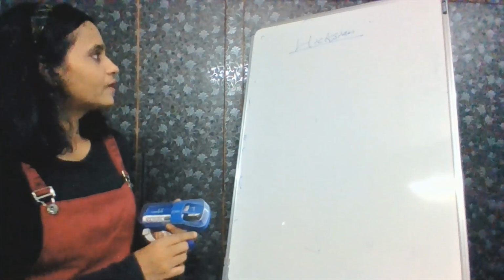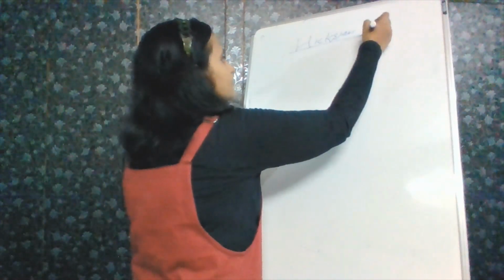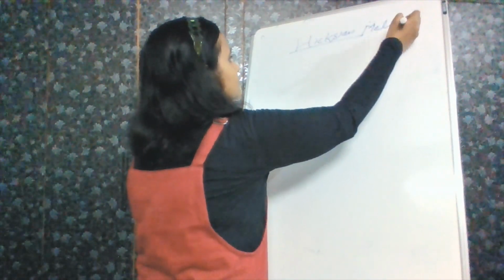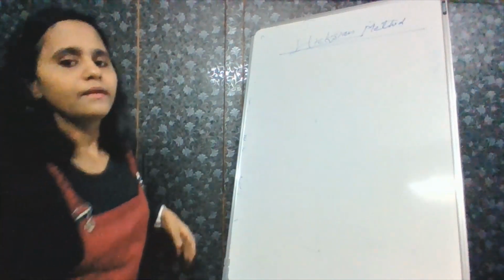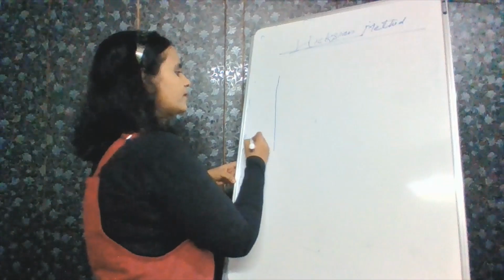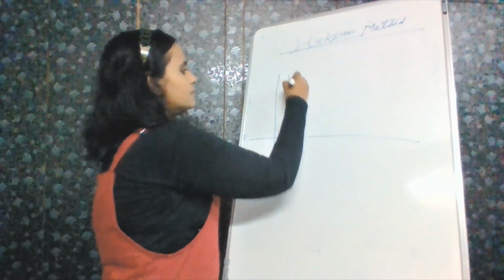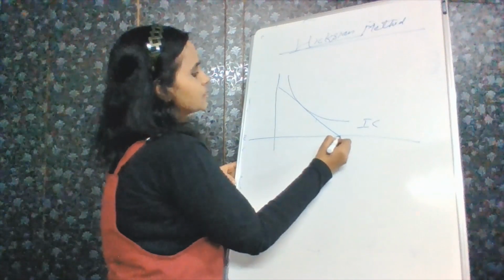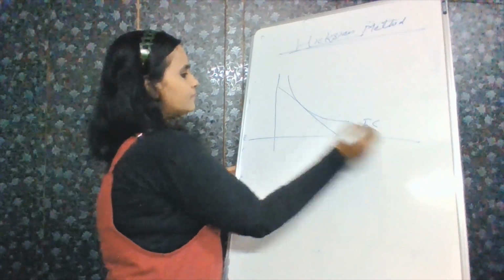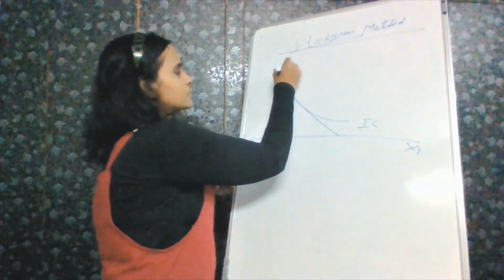So now we are going to look into the Hicksian method. Consider your initial demand curve. This is your initial IC and this is your budget constraint. This is your X1, X2.